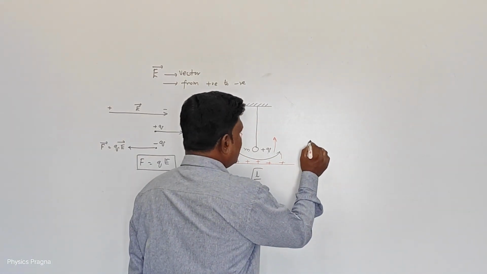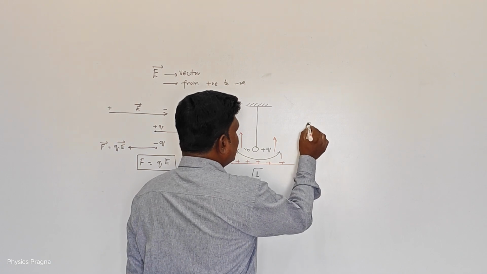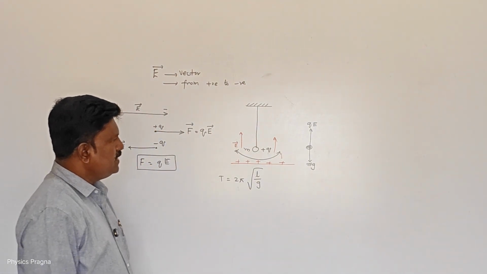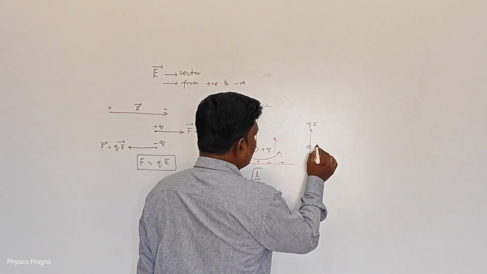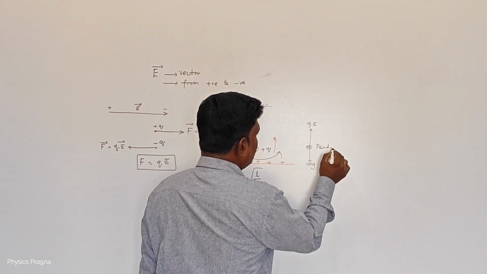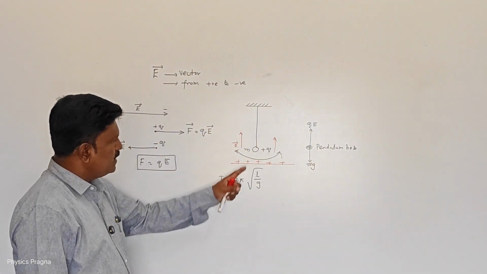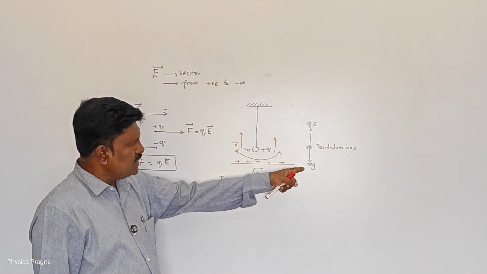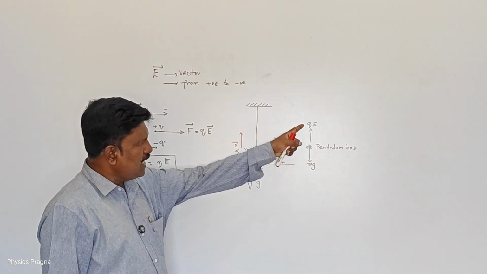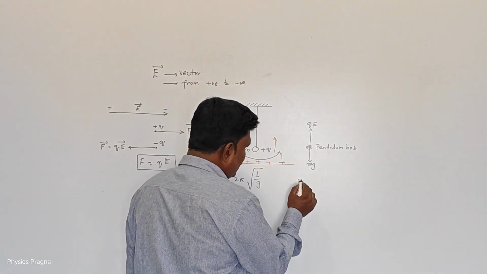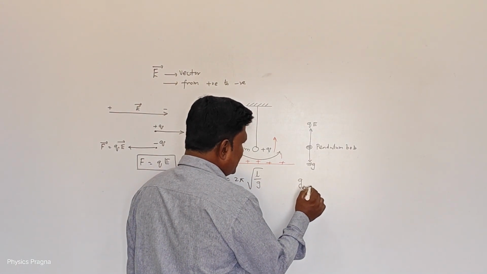So here the force is q into E. This force will be there. This is the pendulum bob. So on this pendulum bob, two forces are acting, weight and the electric force. Because of this, the effective g value changes.